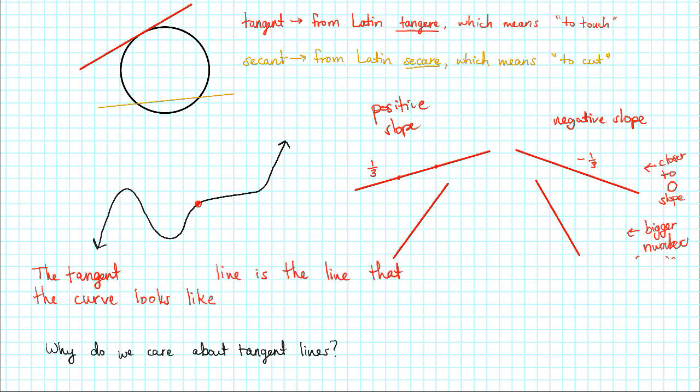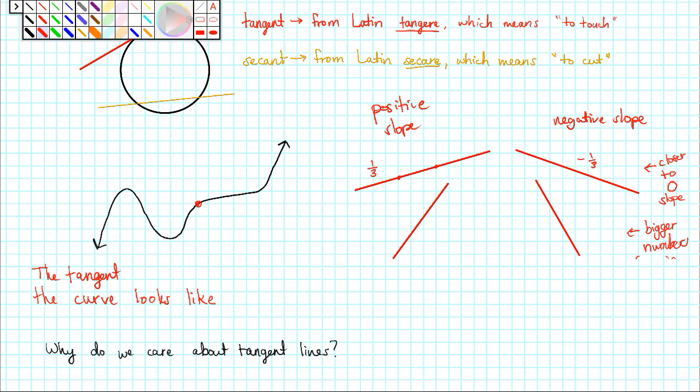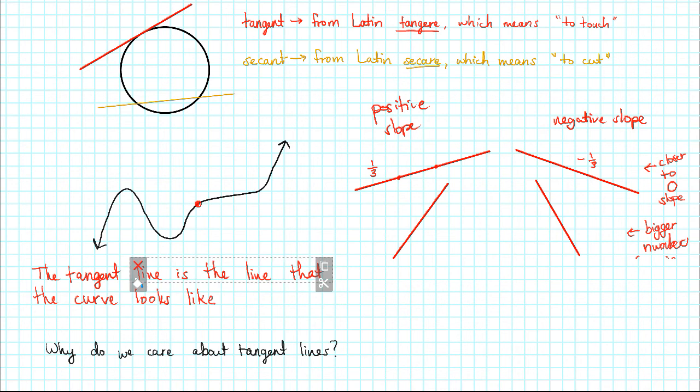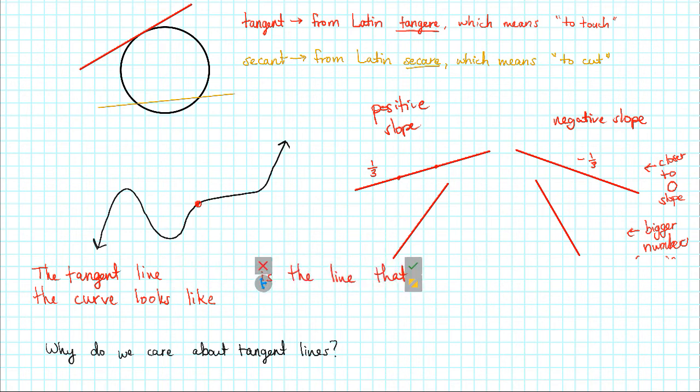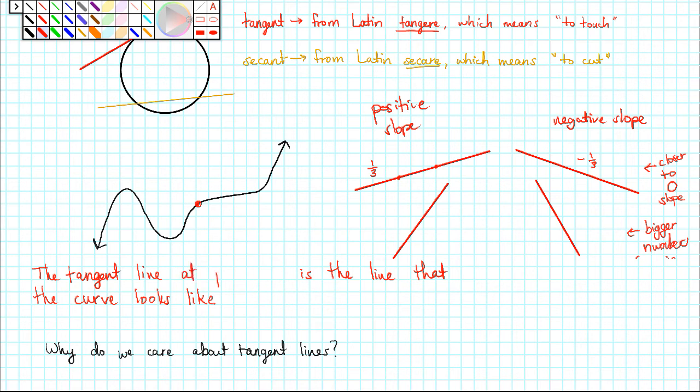Okay, the tangent line at point P is the line that the curve looks like when you zoom way in to P. Okay, so we're going to say the tangent line at a point P is the line that the curve looks like when you zoom way into P.